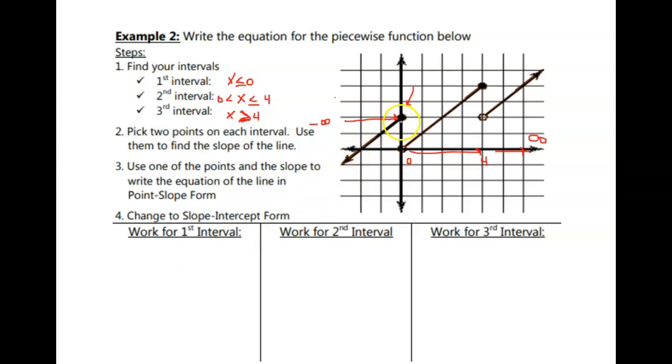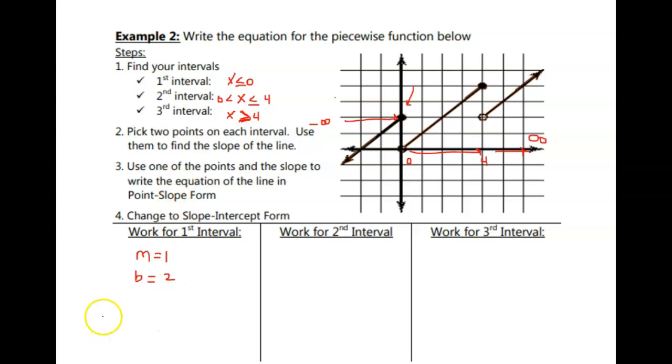If I start at the intercept, which is at 2, I can count down 1 and go over to the left 1, so fall 1 and run backwards 1. That tells me that the slope has to be 1 because I end up on the line. So m is equal to 1, and my y-intercept, or b, is equal to 2.